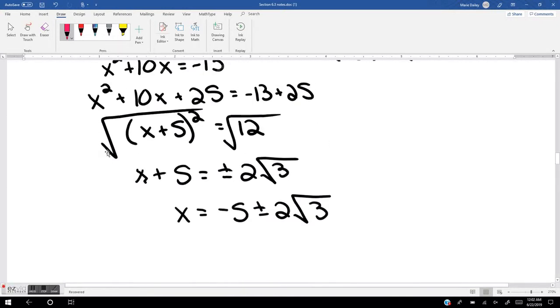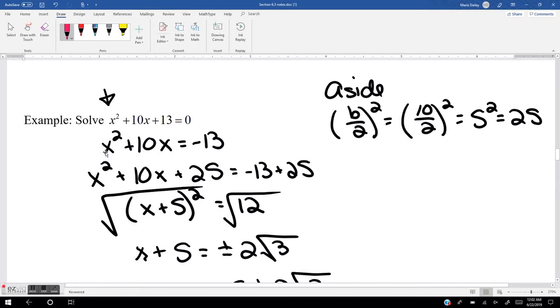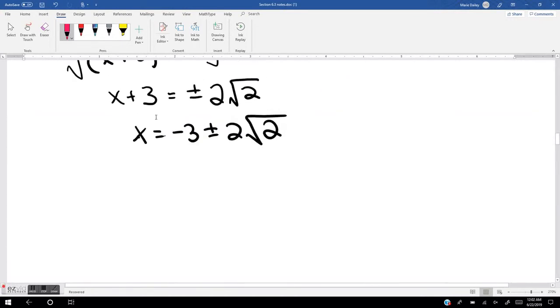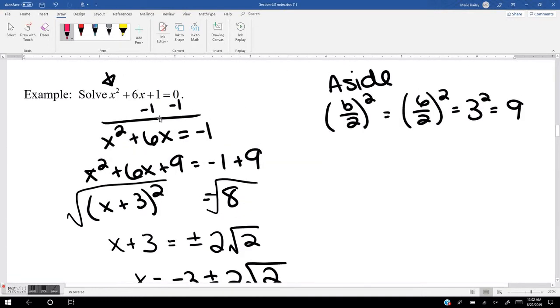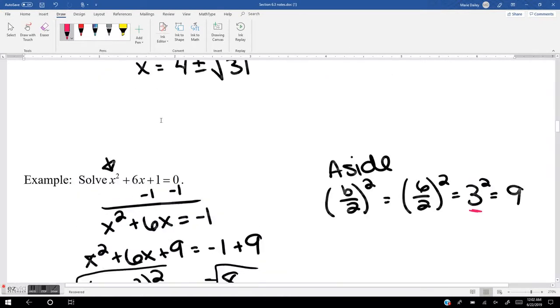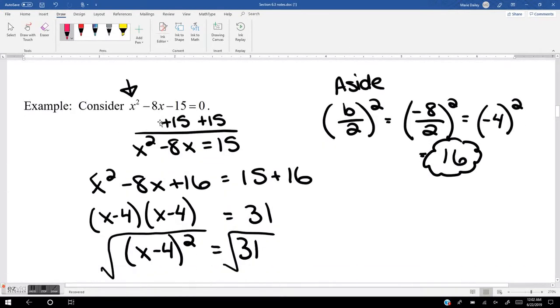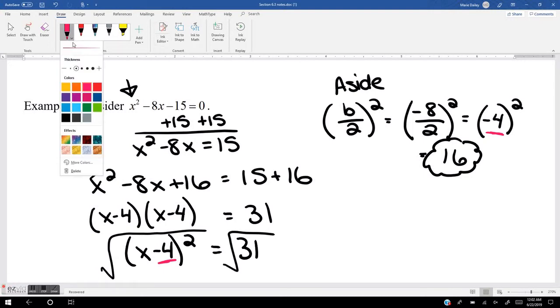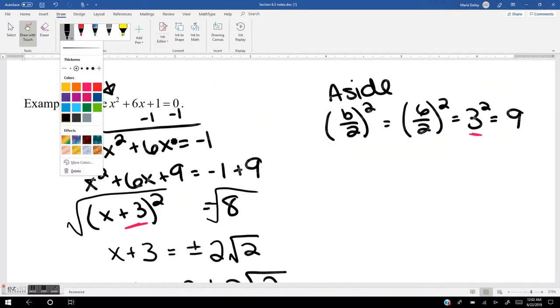In the one prior to that, my b over 2 is 5, and it factored into x plus 5. In the one before that, my b over 2 was 3, and it factored into x plus 3. And even in the very first one, my b over 2 was a negative 4, and it factored into a negative 4. So whatever my b over 2 was ended up being my second term.